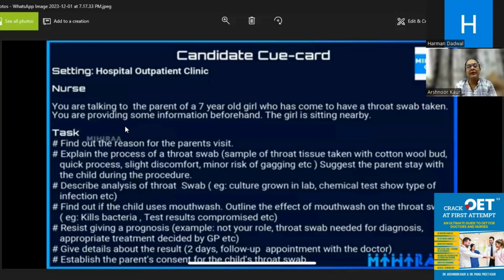Only that person is authorized to examine and diagnose the patient, and after that, the medicine will be prescribed by the doctor. I will not be able to assist her. My role is only to take the throat swab test and I'll help your child in that.